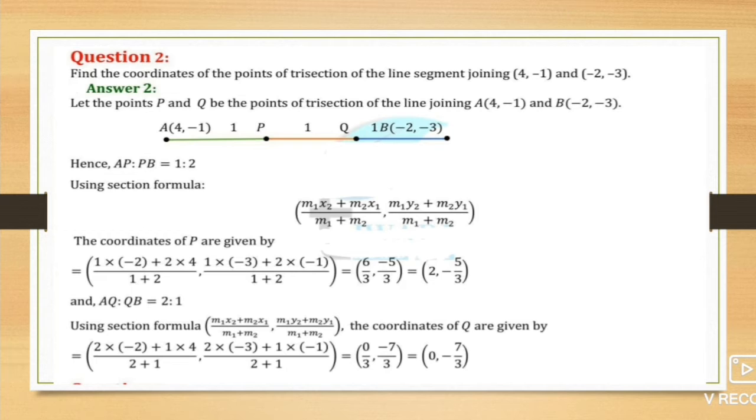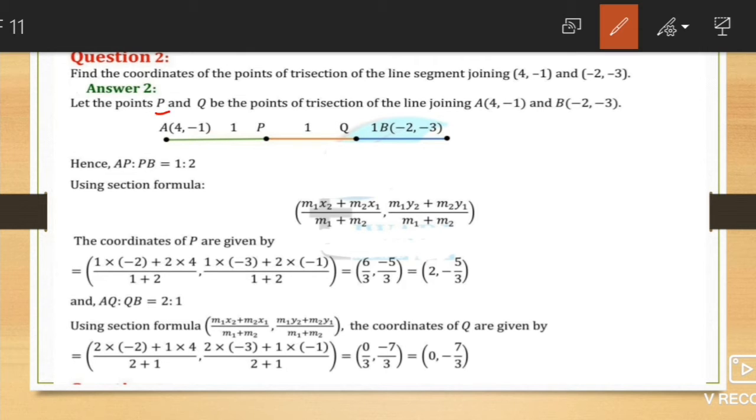Suppose there are 2 points which are the points of trisection. Trisection means these 2 points will divide the line segment AB into 3 equal parts. So suppose the points are P and Q, whose coordinates we have to find. These are the points of trisection of the line joining A and B.